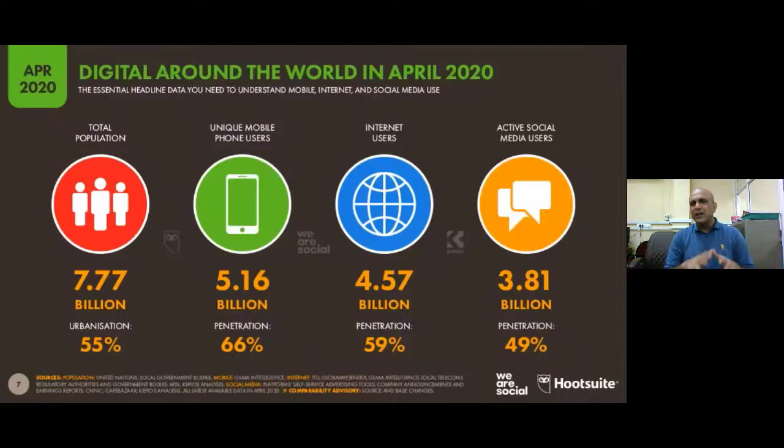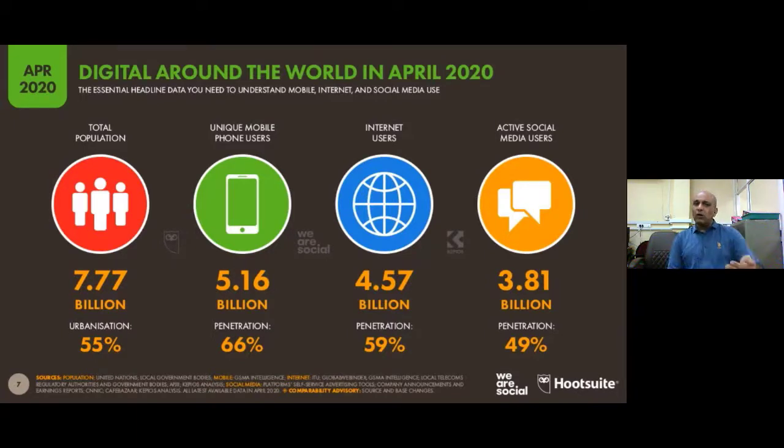I would show you some very interesting statistics. It's very current. This is the data of April 2020 of 7.77 billion, the total population. You have other factors also mentioned, but I'm more concerned with trying to quantify how much social media use is becoming so popular worldwide.